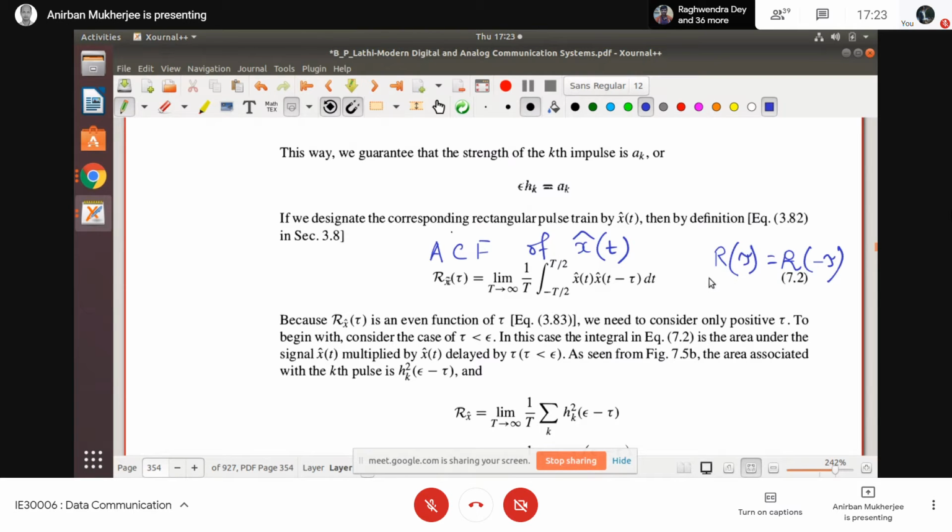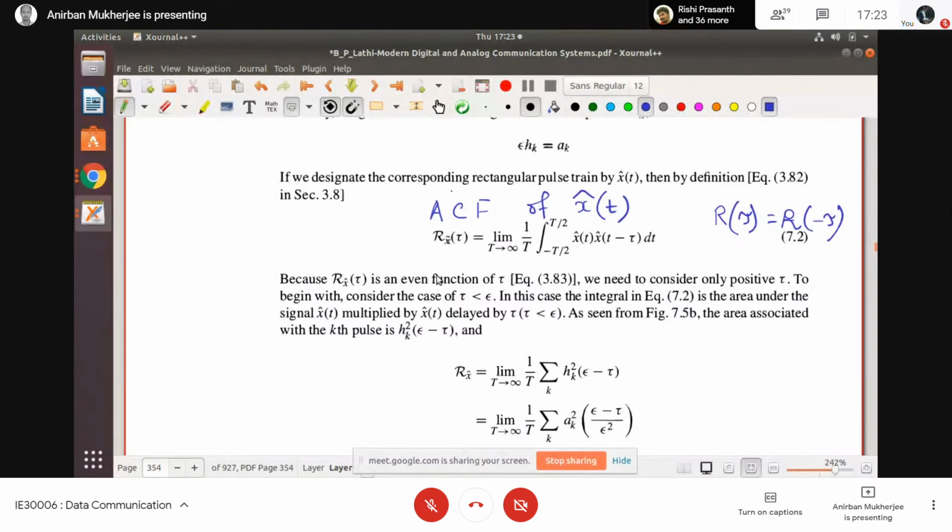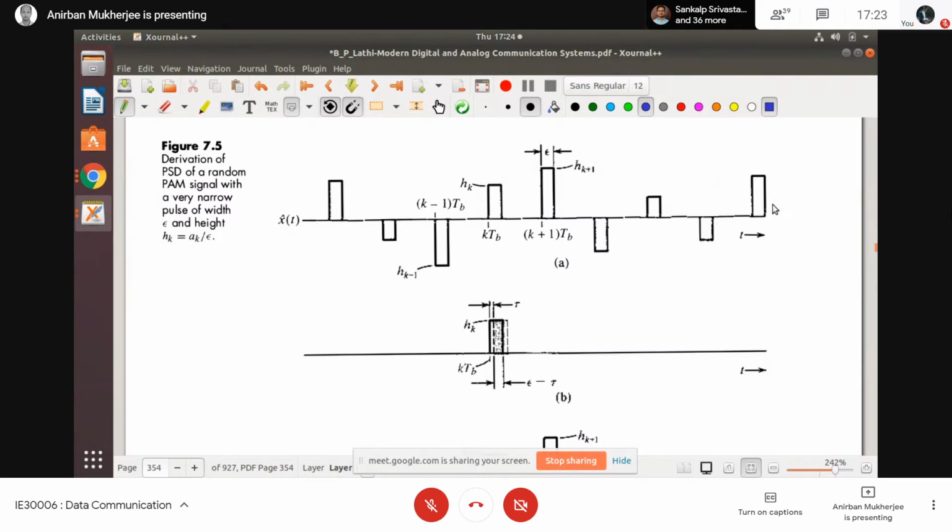And when tau is less than epsilon, and I know that AK is epsilon times hk, if you do a little calculation, you will find that it involves x(t) and x(t minus tau). The hk square term comes in, multiplied by epsilon minus tau. Let me show the picture.